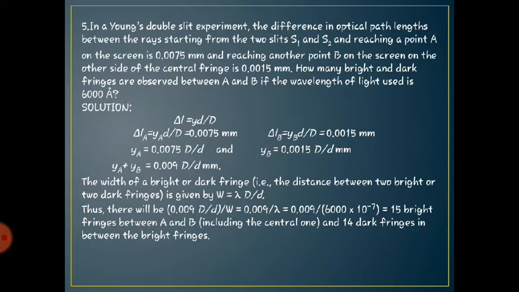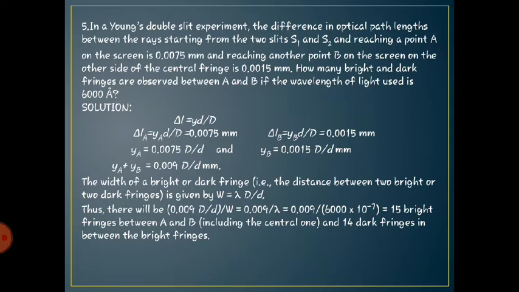So you are getting dark and bright points over there, as it is an interference, and the distance between them is called fringe width. Okay, so that is Young's double slit experiment. Let's see what is given in this example.